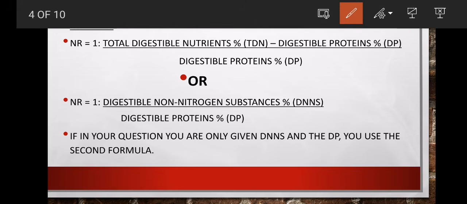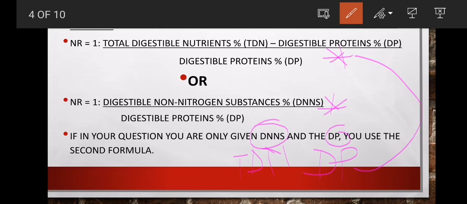But if you are given the TDN together with the DP, then you must use the first formula. If none of these are given, remember that you must add the carbohydrates, lipids, proteins, minerals, and vitamins, whatever is in the table or data that will be given.